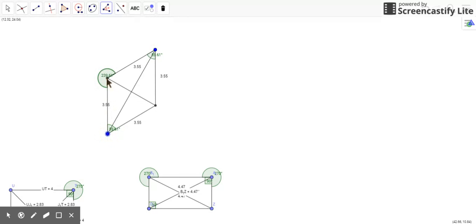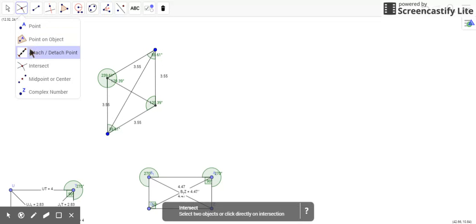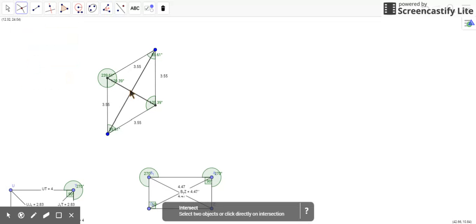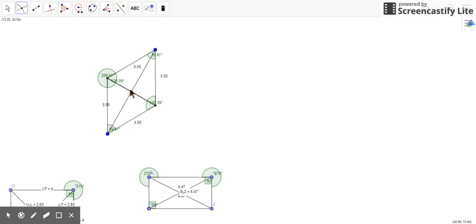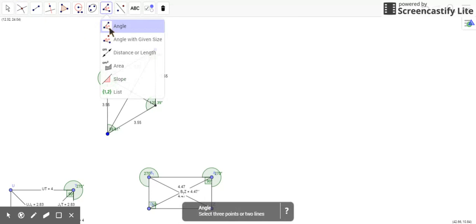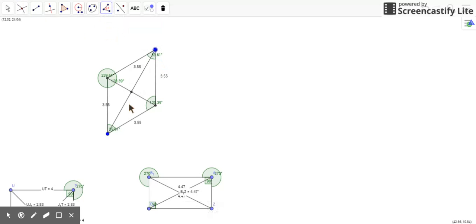And there you go. And then you have the diagonals, which are perpendicular. They're not bisectors, I'm just saying diagonals. There you go.